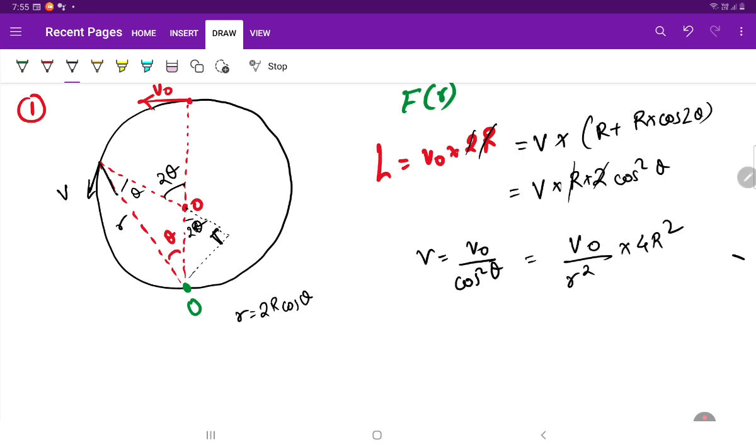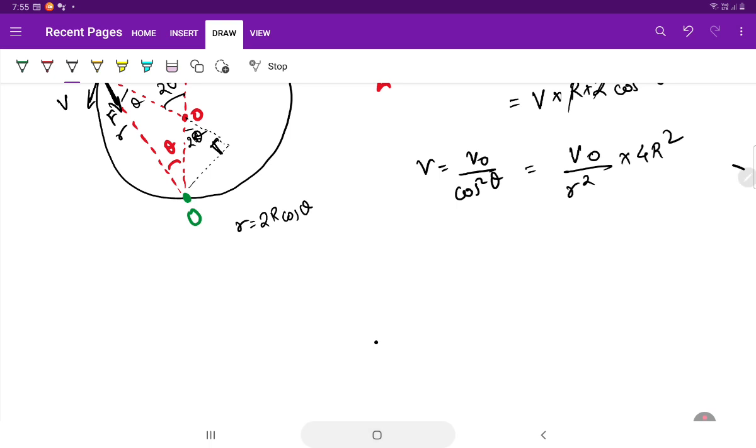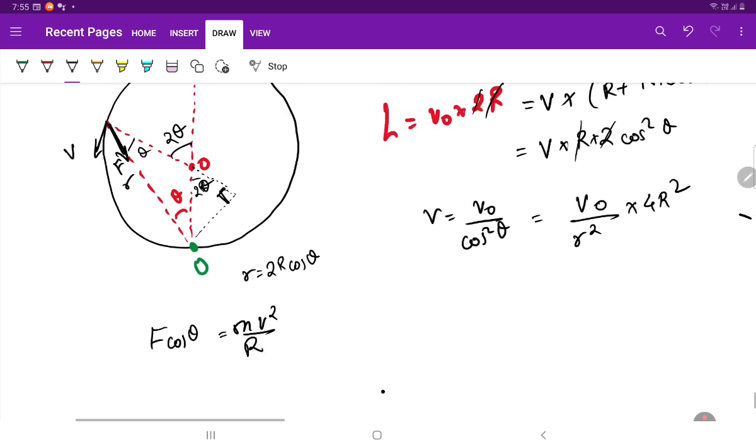Now let us assume that this point O applies a force F in the direction pointing from the body to O. The radial force that will be acting towards the center of the circle will be F cos theta. I can say F cos theta is equal to m v square by capital R, force balance, because the radial acceleration is omega square r minus r double dot.